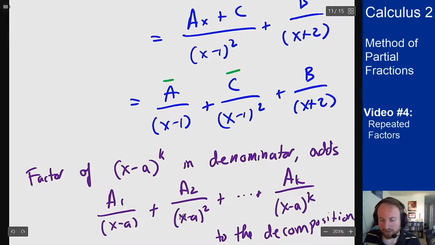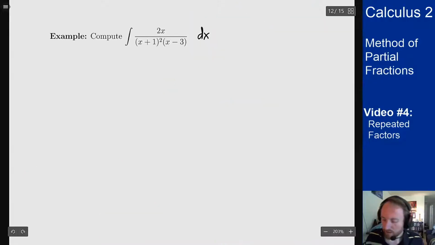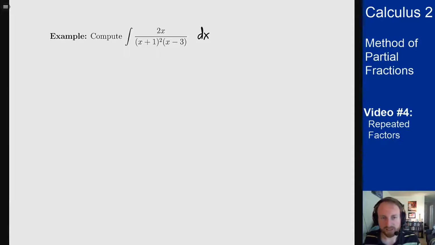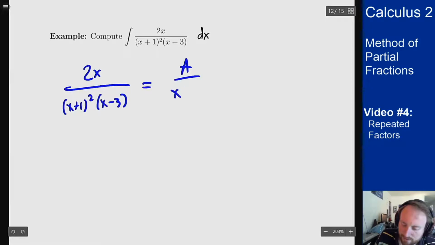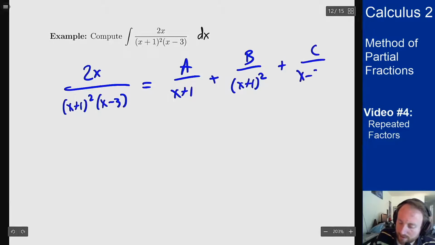Let's see how this works in the context of an example. So I want to integrate 2x over x plus 1 squared times x minus 3 dx. We want to start by doing partial fractions again. This is going to need our setup from what we just talked about with a double factor in the denominator. So 2x over x plus 1 squared times x minus 3 is going to be written as A over x plus 1 plus B over x plus 1 squared plus C over x minus 3.